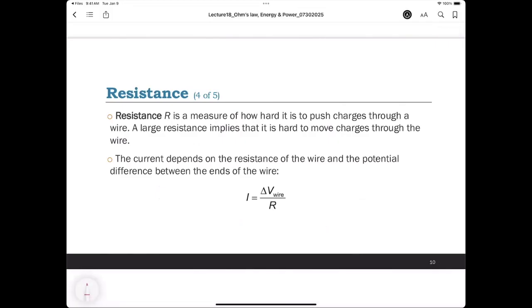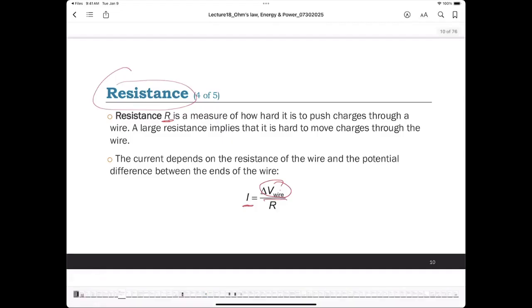The resistance, we use R to represent it, is a measure of how hard it is to push charges through a wire. A large resistance implies that it is hard to move charges through the wire. The current depends on the resistance of the wire and the potential difference between the ends of the wire.